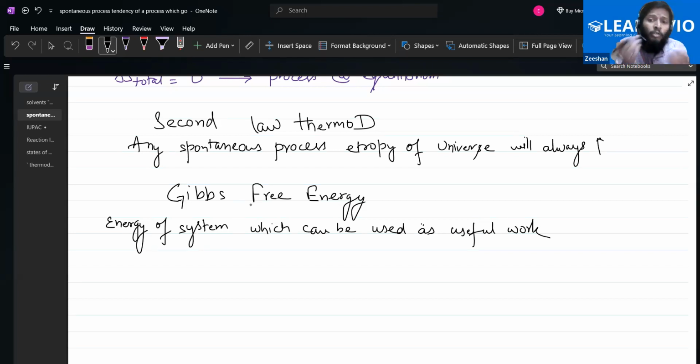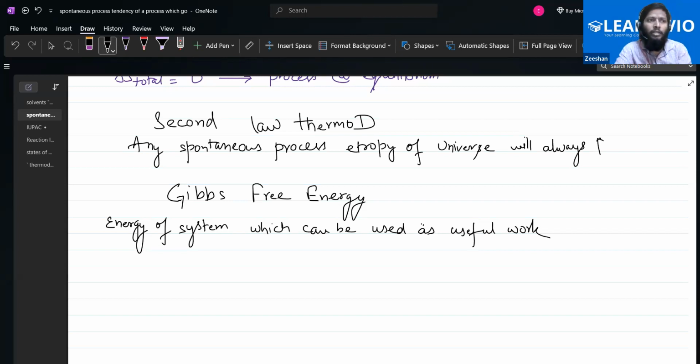So what is non-useful energy? Means what is happening actually? The randomness which we have talked about earlier: the more the randomness, the more the non-useful energy, because in this randomness, energy is being lost.